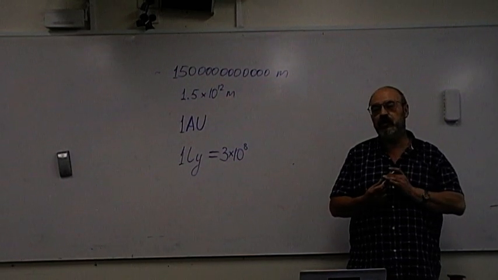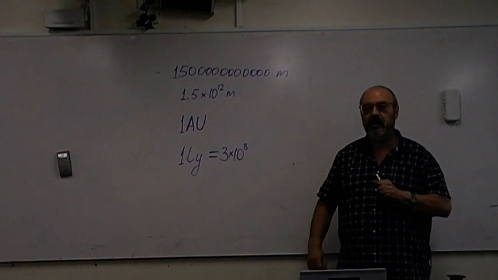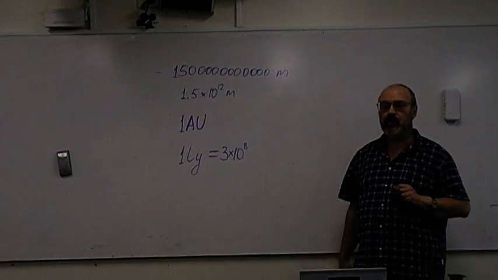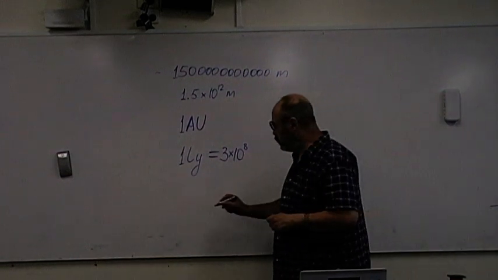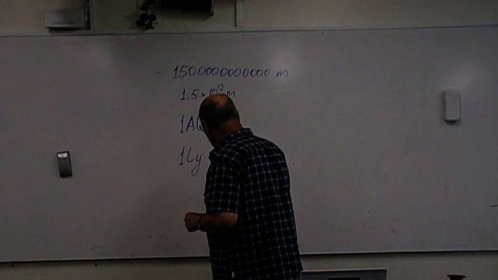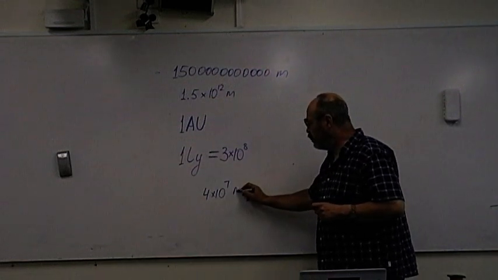Okay, it's 40,000 kilometers around the equator, and 40,000 kilometers is 4 times 10 to the power of 7 meters.